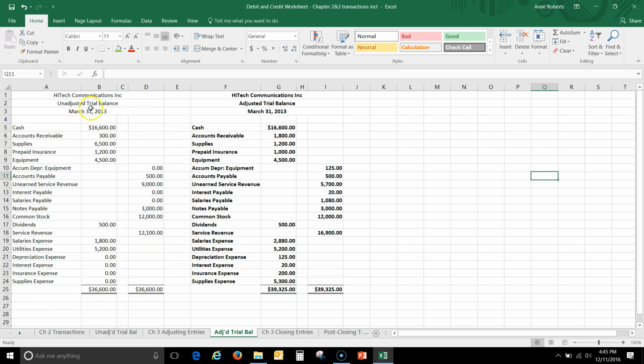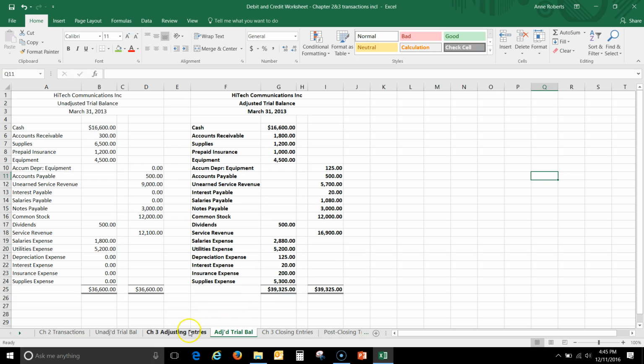After the daily journal entries were posted, these were the balances right here. After we posted the adjusting entries at the end of the month, here are our new balances. You can see this same trial balance on page 141. And once we have this trial balance put together, now we are ready for financial statements.